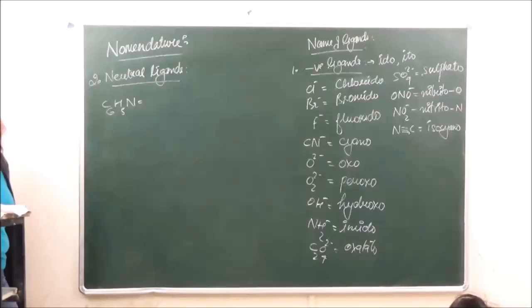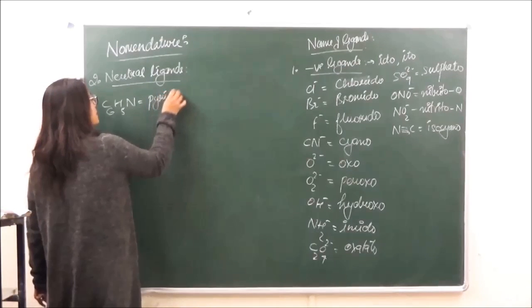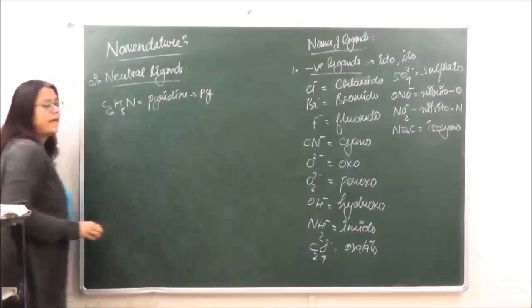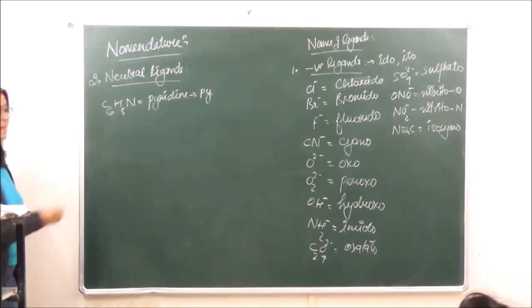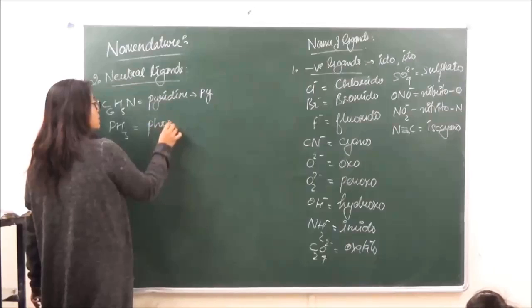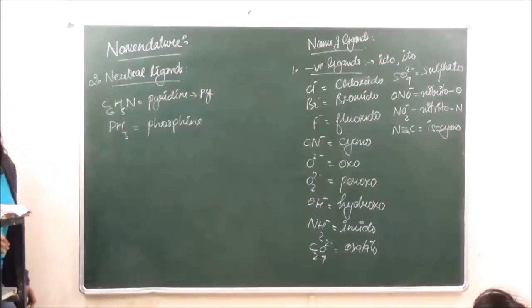This is known as pyridine, and generally the abbreviation which is given to it is py. Okay? Then we have PH3, which will be known as phosphine.